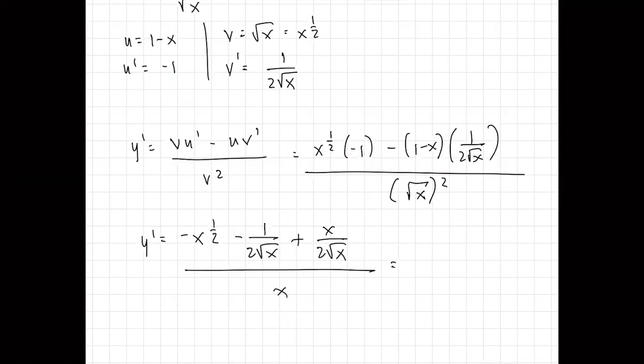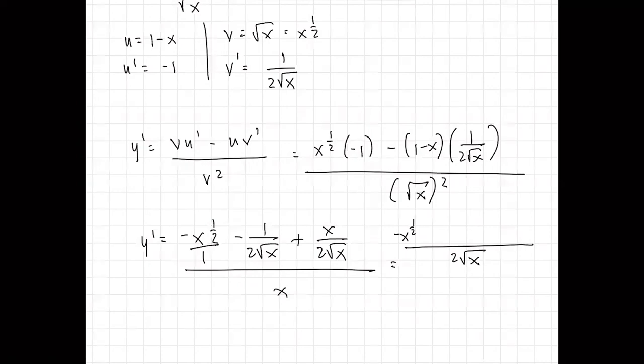Then sa numerator, pagsamahin natin yung lahat ng terms. So this will be 2 square root of x. So magiging siyang negative x 1 half, negative x raised to 1 half times 2 times x 1 half minus 1 plus x.